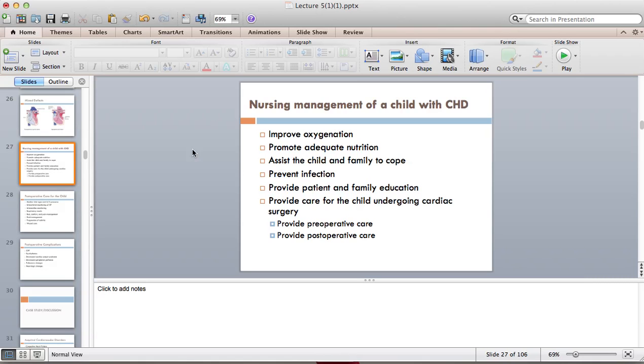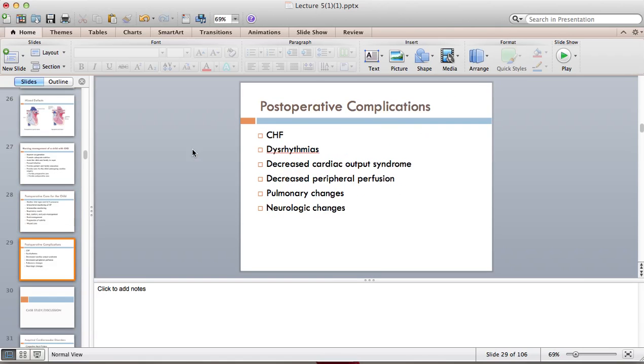Again, for intervention, they can do it under interventional radiology: they can do an angioplasty or put in a stent to keep that narrowing open. And then again, we need to do our own pre-operative and post-operative care.